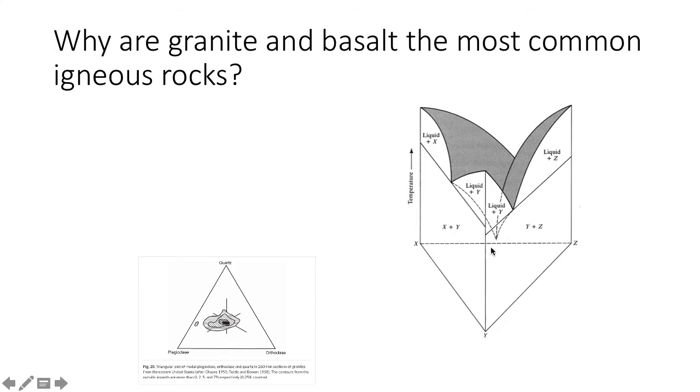I just wanted to show you this picture. So this is on a ternary diagram. We get for a granite, same kind of thing. For most of the crust, if you melt it, you get a composition that is a eutectic composition, kind of in this granite area versus in some other igneous rock area.